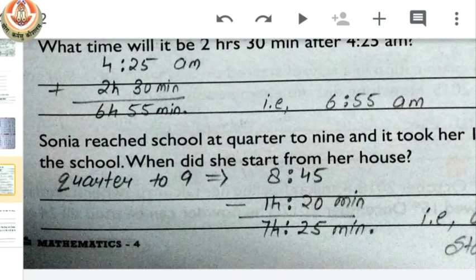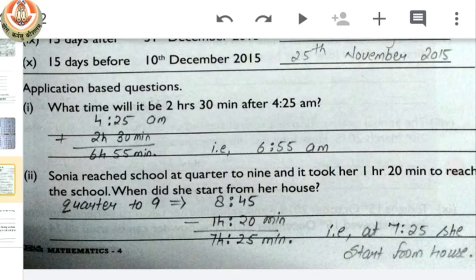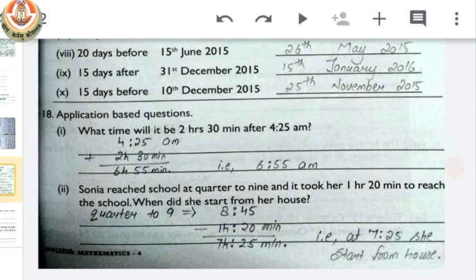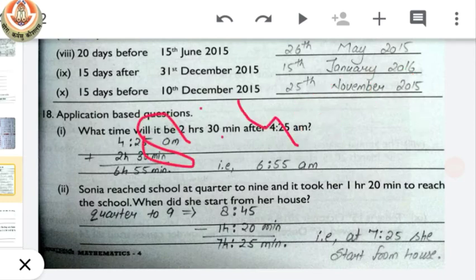Next question is: Sonia reaches school at 8:45. 8:45 means we have 15 minutes more for 9 a.m. So Sonia reached school at 8:45 and it took her 1 hour 20 minutes to reach school.